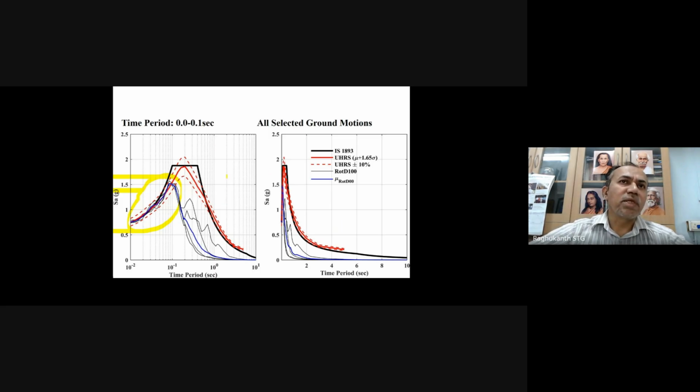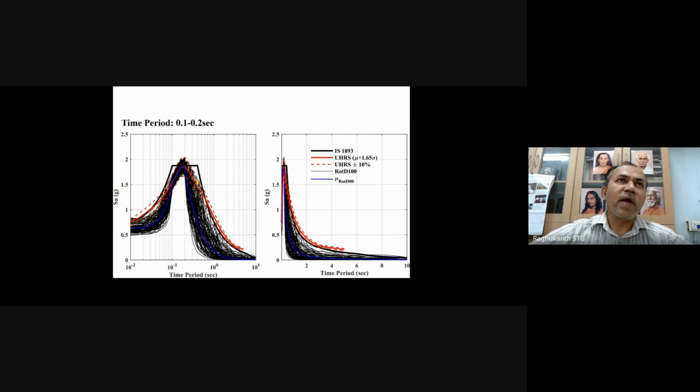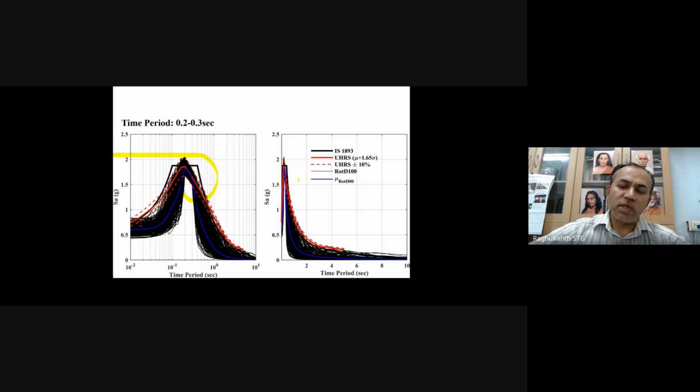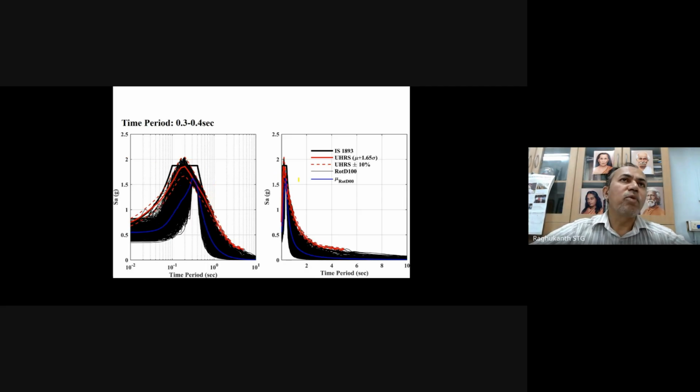The same graphs: this is in log scale, this is in ordinary scale, and this is RotD100. Now in similar fashion, for 0.1 to 0.2 we will get many ground motions, because a lot of ground motions will be in 0.1 to 0.2. You can see this matches nicely in this region. And then 0.2 to 0.3, you can see how many of them match. Here also we get a very good number of ground motions in this range. Then 0.3 to 0.4, you can see as you move on this side.